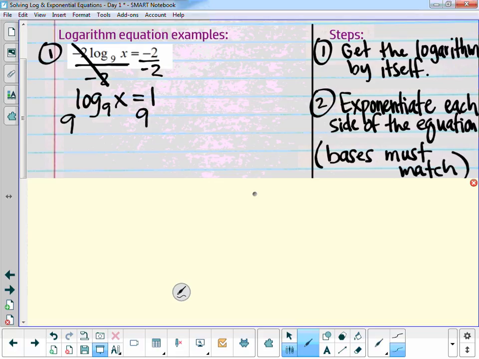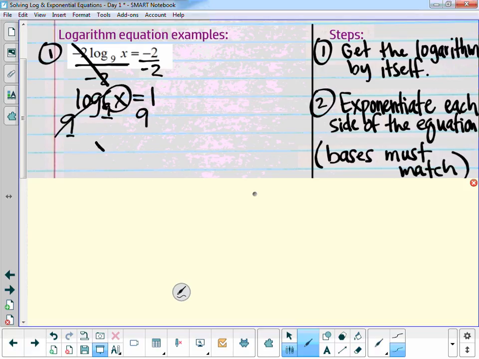So now our equation goes to the exponents, and notice the number of our base matches the base of the log, right? Because 9 to the log base 9 power is 1. So that will cross out to be 1. And then whatever's after the logarithm, we'll have that left over.